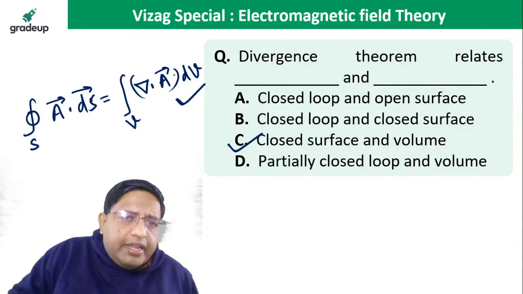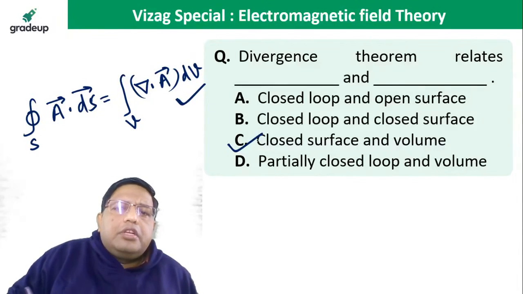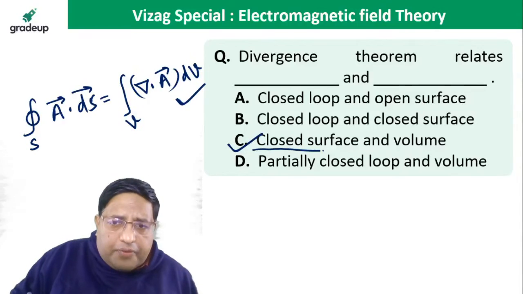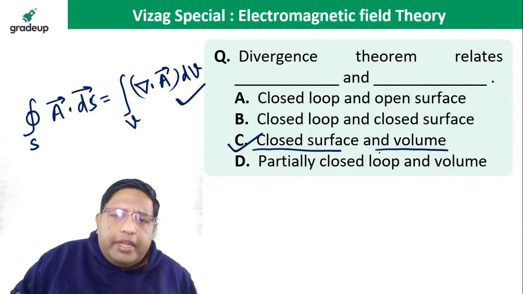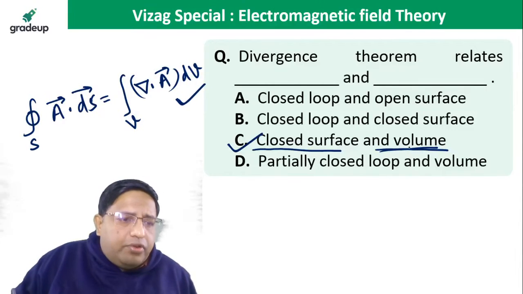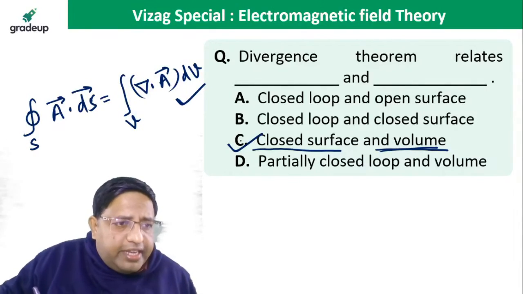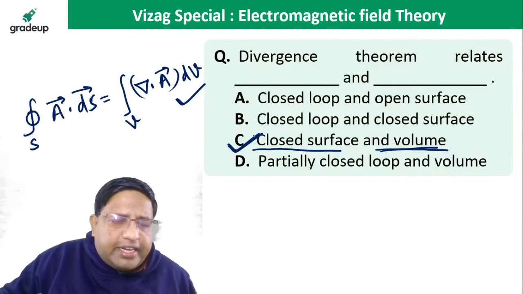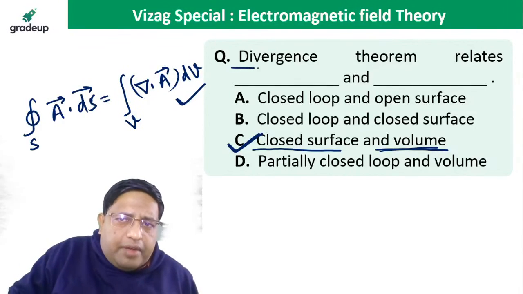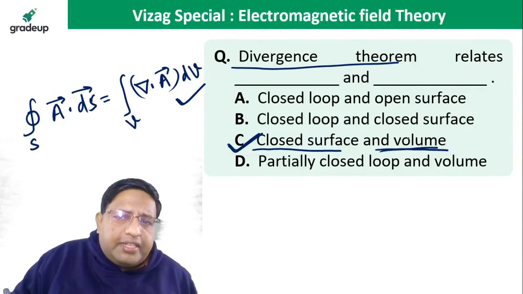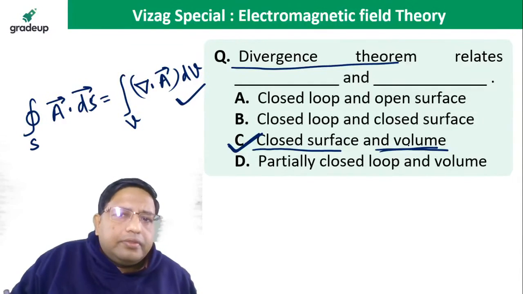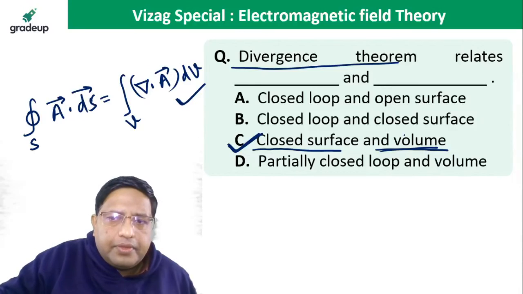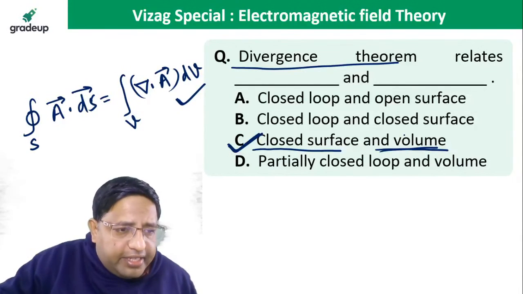And if we apply it in terms of density, it is called the Gauss divergence theorem. So it relates the closed surface with the volume. C is the correct answer.